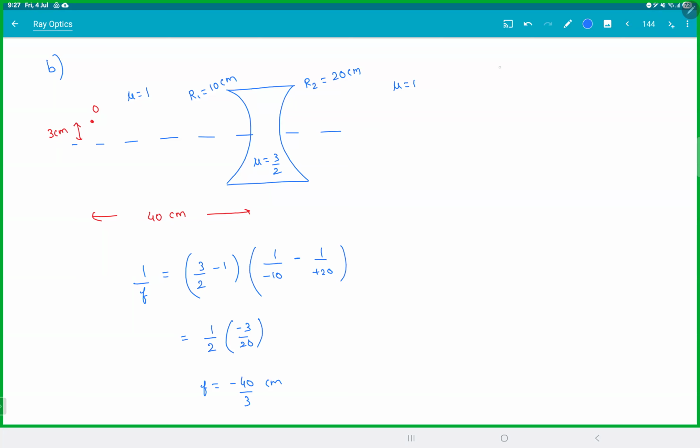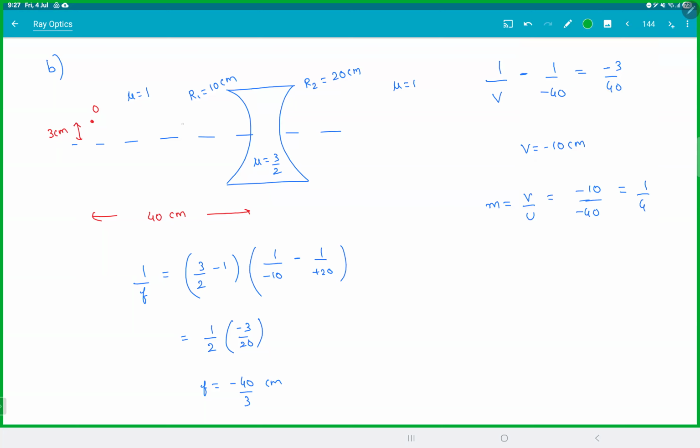Then apply the image formula 1 by V minus 1 by U, which is -3 by 40. It goes that side. It becomes, yeah, V is -10. Magnification is V by U, which is -10 by -40, 1 by 4.